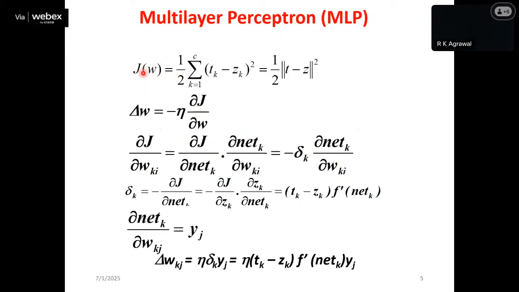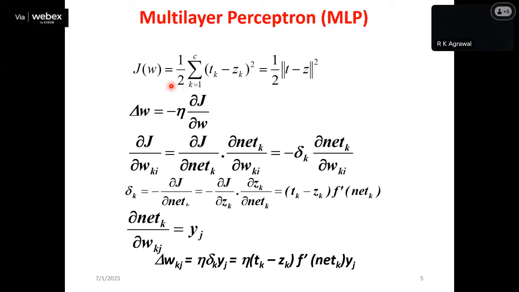This error can be given by the summation of tk minus zk whole square divided by 2. So this is one form of error which we name as the square error, to know the actual error for this choice of weights between the expected output and the output given by the machine. If there is error associated with the network, it means the choice of weights is not correct, so we have to change these weights.